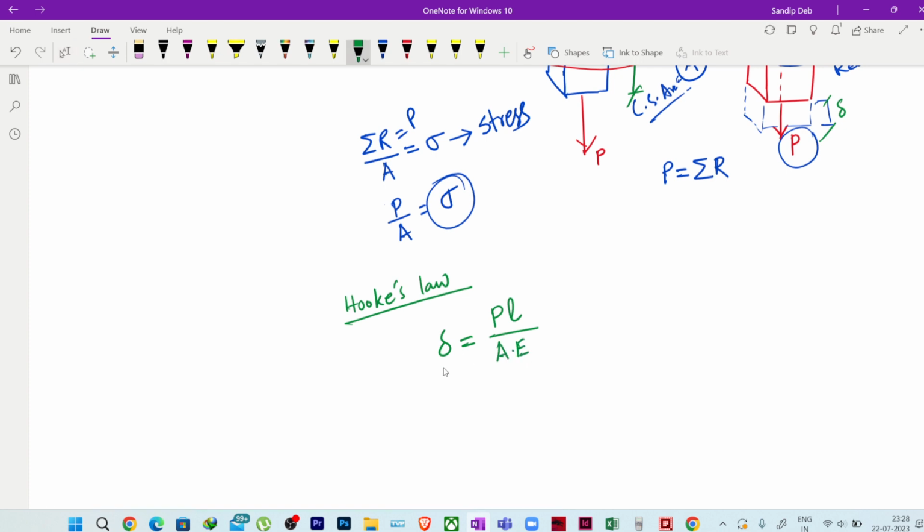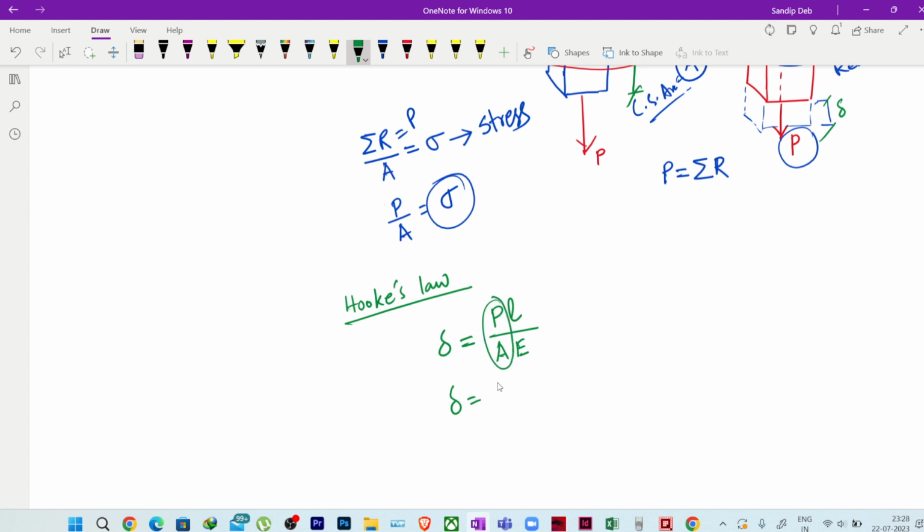So now if I replace this particular thing, P by A, we know we can write it as what?